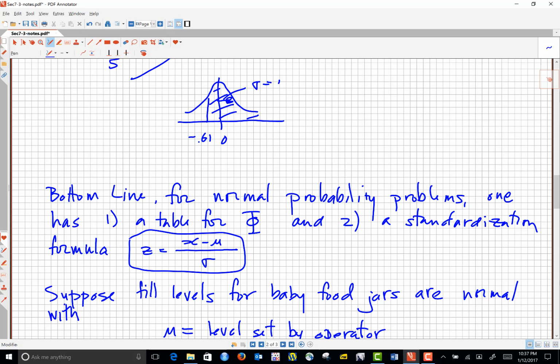That's all you've got. In some sense, this little formula tells you that there are really only 4 kinds of normal probability problems. I can give you 3 of the 4 entries of that little equation and essentially ask you to solve for the other one.